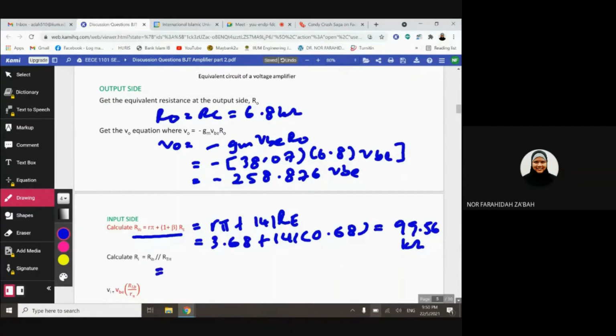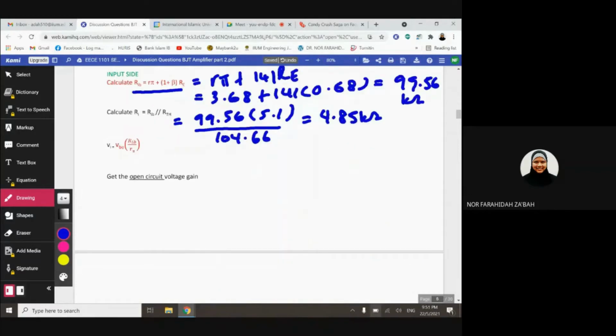So you will get 99.56 multiplied with 5.1, the RTH is 5.1 from before, over 99.56 plus 5.1, which is 104.66, and that is 4.85 kilo ohm. So that's your Ri.